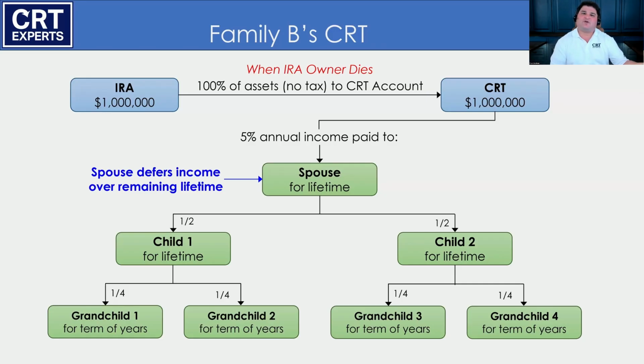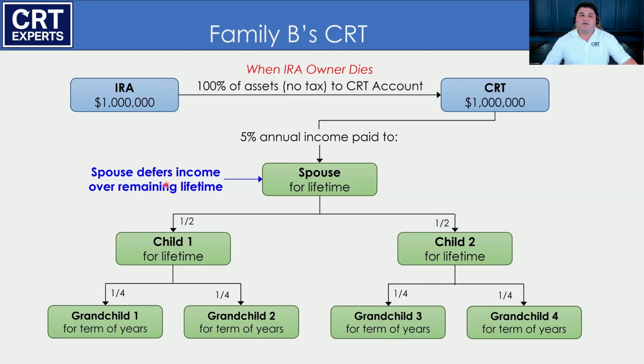Why would we put the spouse on the CRT then? Because we can use that spouse's remaining lifetime to put the trust into deferral. We could put an upfront deferral period on the CRT, and that is going to increase what's distributed later on to the kids. Let's look at Family B here to see the extent that would increase the income.